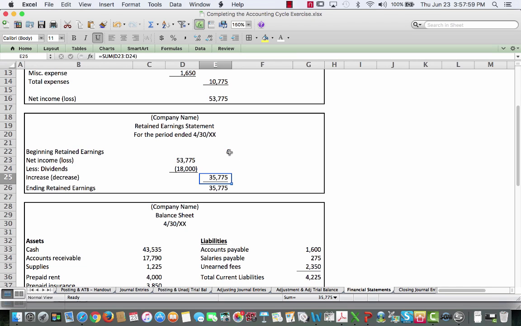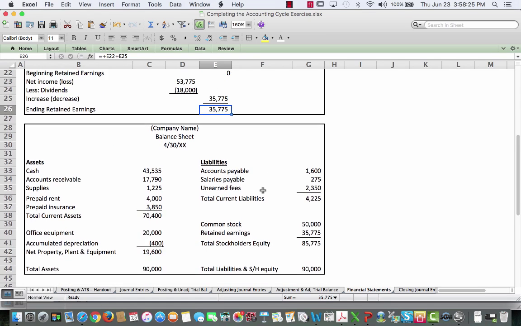We take the beginning balance, which is 0, plus 35,775, gives us an ending balance in retained earnings of $35,775. Okay. So that is the second statement. So you see how the income statement articulates with the retained earnings statement.